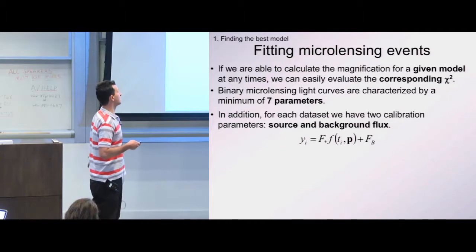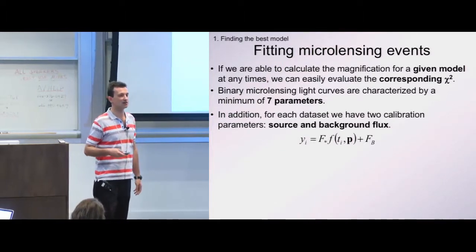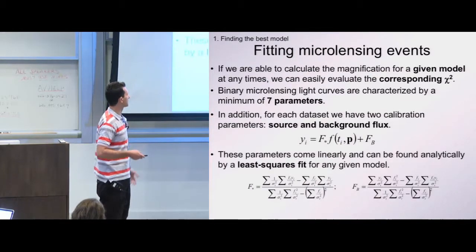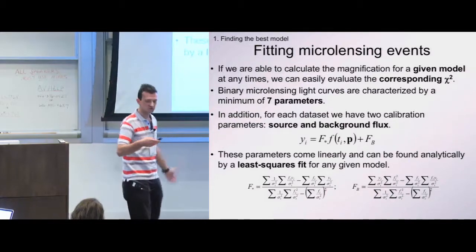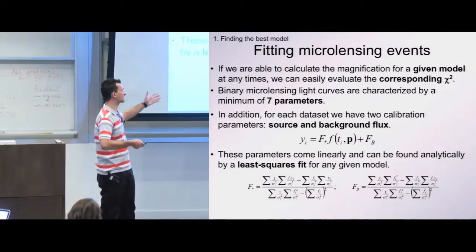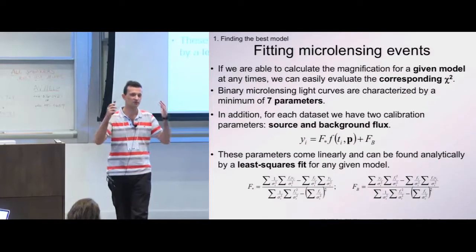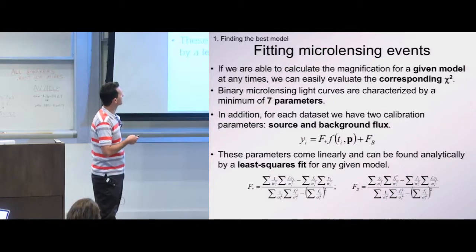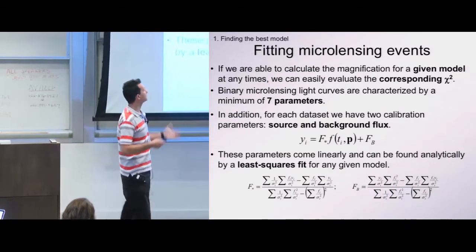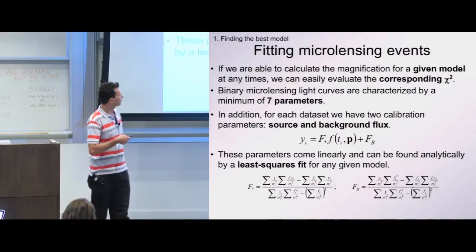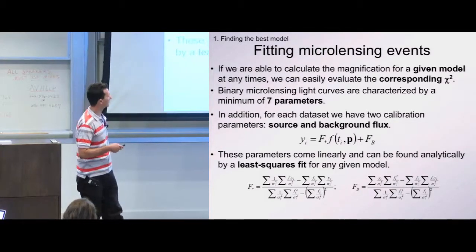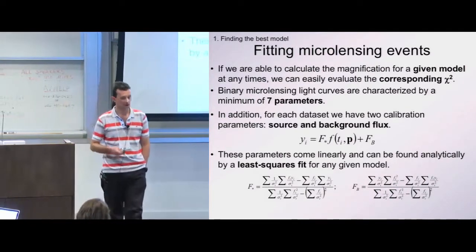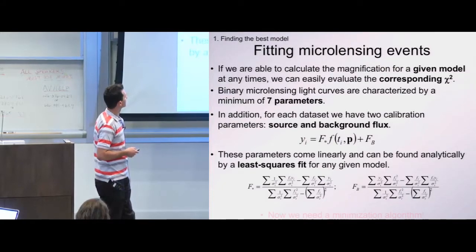So actually, this is just a linear function, and you know how to fit a straight line on the data, you just have to use the least squares fit method. So this is just the least squares fit formula, standard formula that you probably saw in your first year at the university. So actually, these two parameters can be estimated analytically once you have the model, which depends on the 7 parameters of your binary lens model. So these 2 parameters are not a problem. We can go ahead without concerning too much about that.